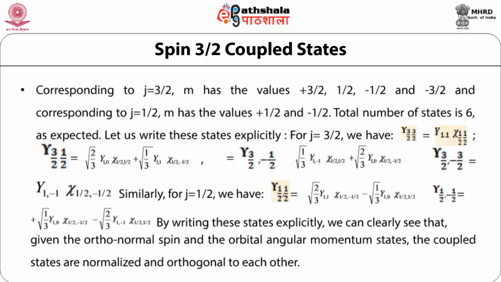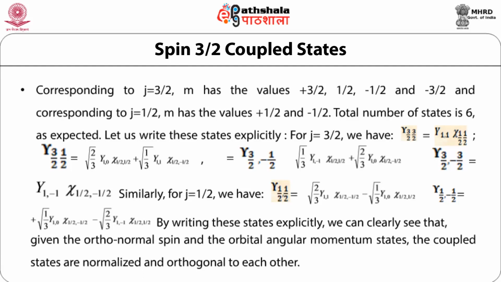Now let us write these states explicitly. So for J equal to 3 by 2, the 4 coupled states that we get are given by gamma_{3/2, 3/2} equal to Y_{1,1} times xi_{1/2, 1/2}, where the subscript on gamma, the first term represents J and the second term represents M. Similarly, for the spherical harmonic Y, the first term in the subscript represents L and the second term represents m_L.